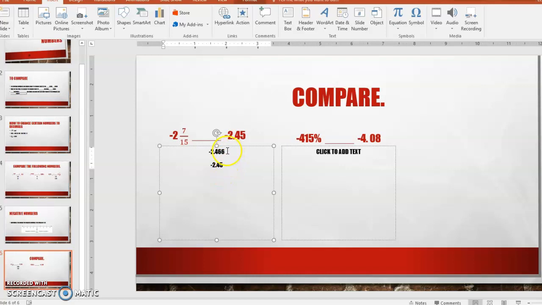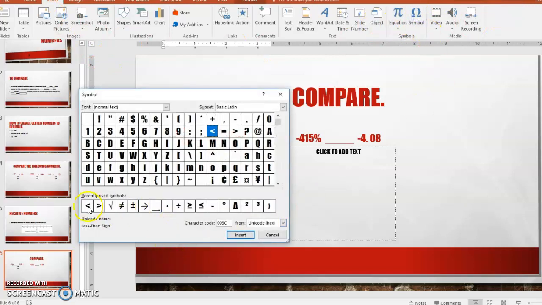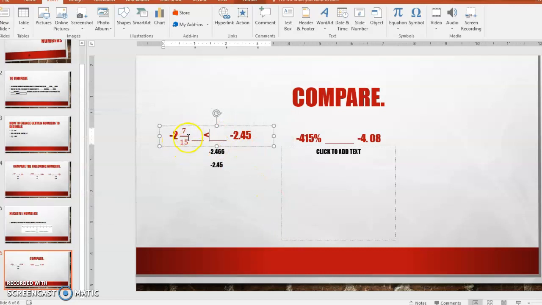Which one is going to be the smaller number? And I hope you're thinking -2.46 is the smaller number. So I'm going to put in my less than symbol. Here we go. So -2 and 7/15 is less than -2.45. It would be further down to the left on our number line.